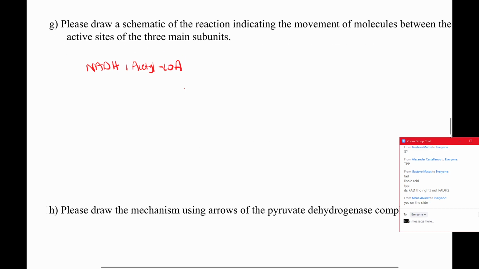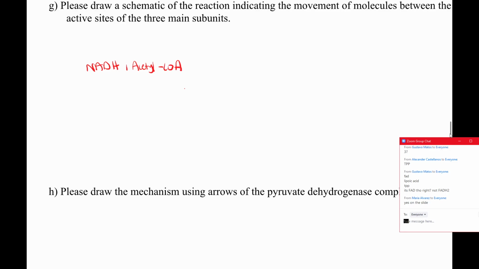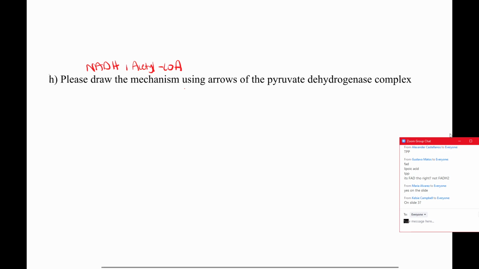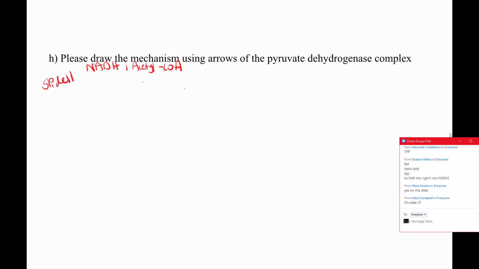A schematic direction indicating the movement of molecules between the active sites of the three main subunits. That's the answer to G. You do have to know that entire slide. And then the mechanism using arrows of the pyruvate dehydrogenase complex. That's the three-step mechanism, which starts in slide number 11. It starts with the reaction consists of three steps: decarboxylation, oxidation, and transfer of the resultant acetyl group to CoA.